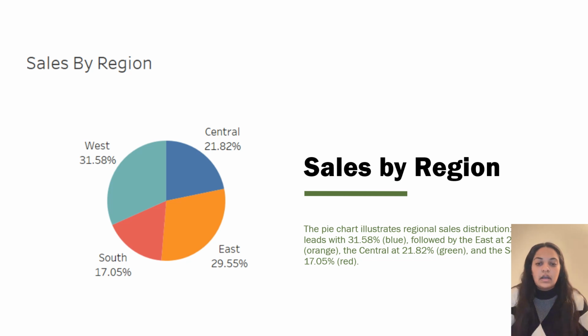And finally, the South at 17.05%, which is the red part. This pie chart highlights that the West is the dominant sales performer and suggests a potential growth or issues in the South. Understanding these trends is very crucial for strategic planning and also resource allocation.